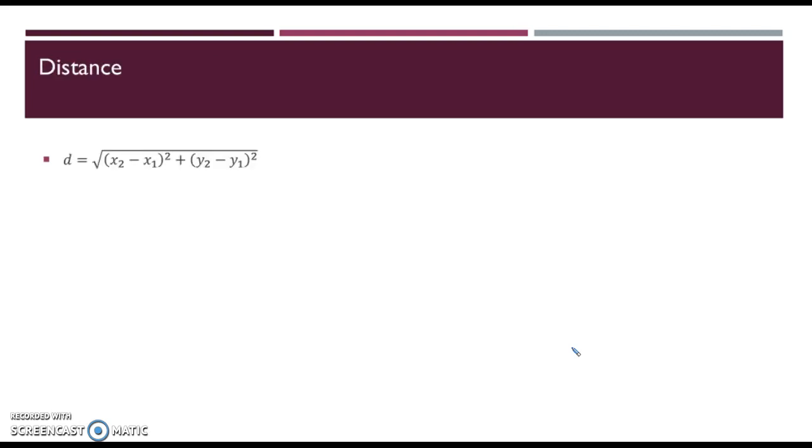Alright, then we looked at the distance formula, which is the square root of x2 minus x1 squared plus y2 minus y1 squared. So if I had the points (7, 3) and (negative 5, 8), it doesn't really matter which x I start with, as long as the x I start with in this parentheses is the same point's y I start with in this parentheses.